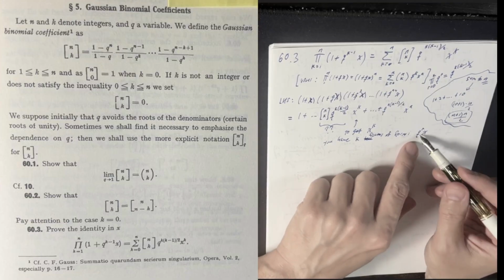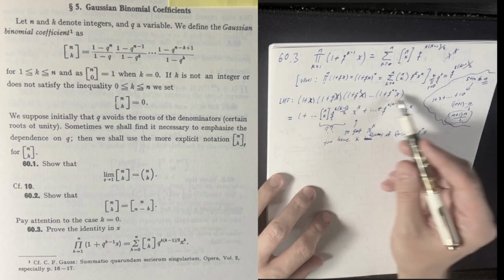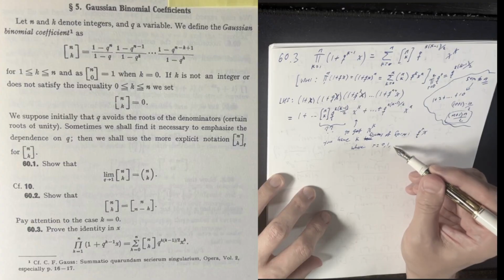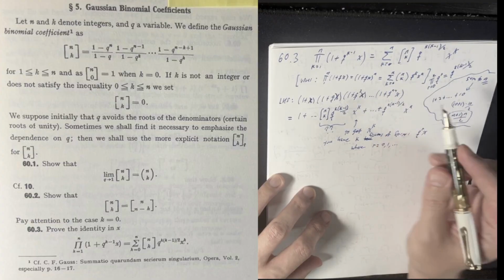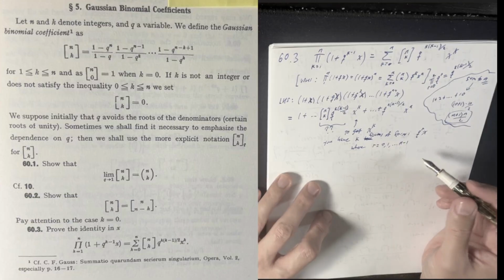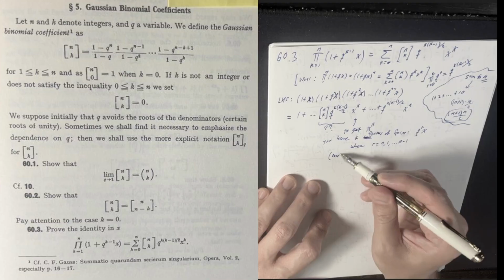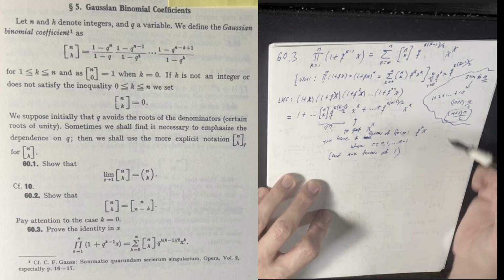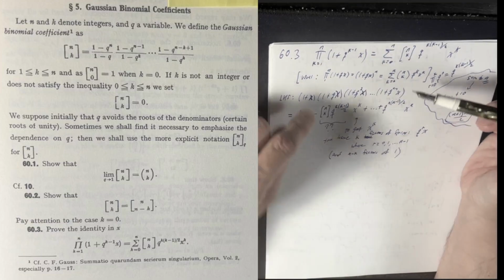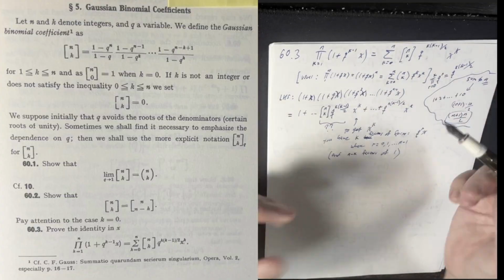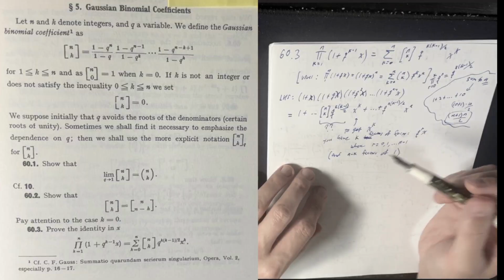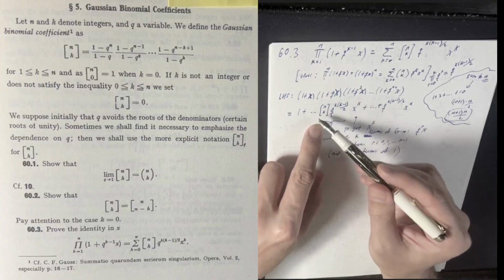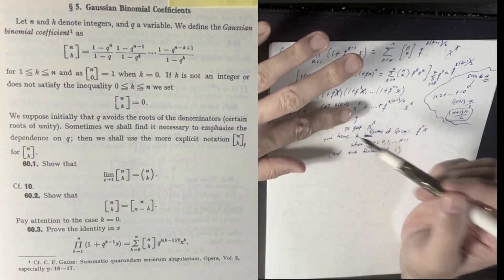In order to get x to the k, it has to look like this, where r goes from 0, 1, all the way up to n minus 1. You have k of those factors, and obviously the rest are 1s, n minus k factors of 1. That's just what happens when you multiply these things together. Does that make sense? So you've already got this combinatorial thing happening where you're like, which ones am I going to take? You have to take all of them and collect them together, and that's what this coefficient would be.